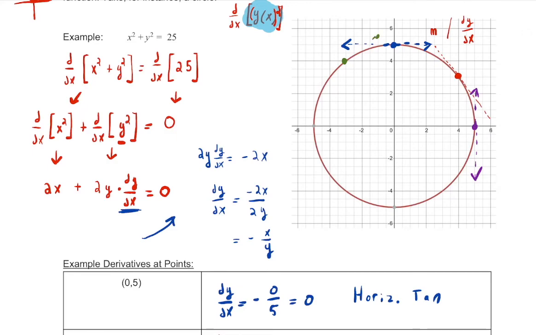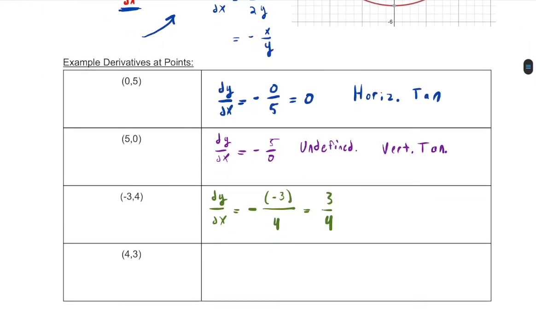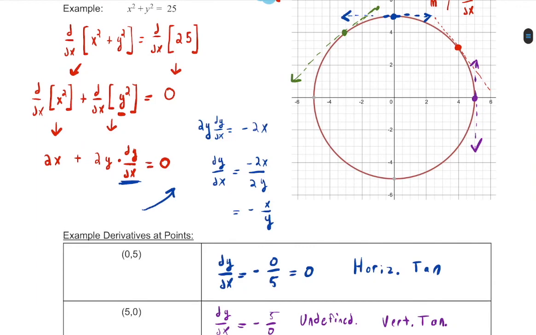Yep, if I can draw it reasonably enough, that looks like what the slope of that tangent line would be. The only one left is the one that I drew originally at 4, 3. dy dx now would be equal to negative 4 over 3. So let's check. If we go here, down 1, 2, 3, 4 over 3, yep, there is our tangent line slope.